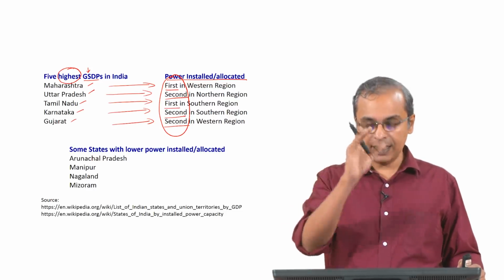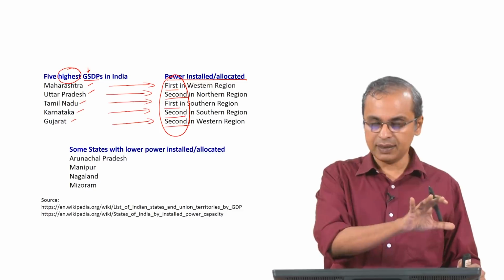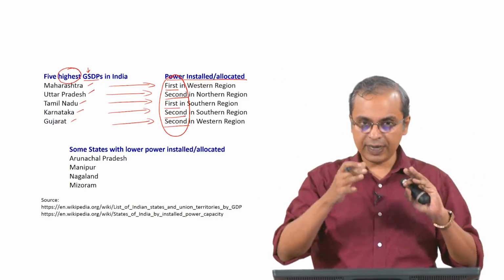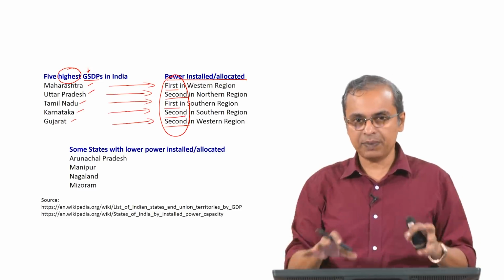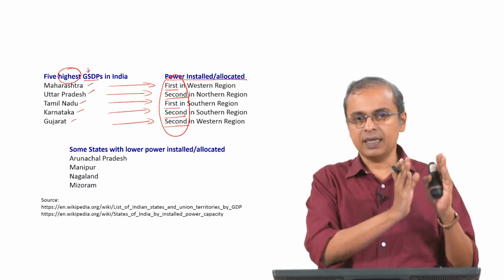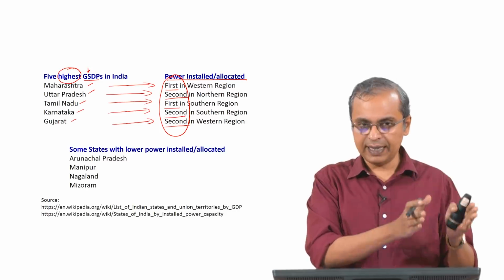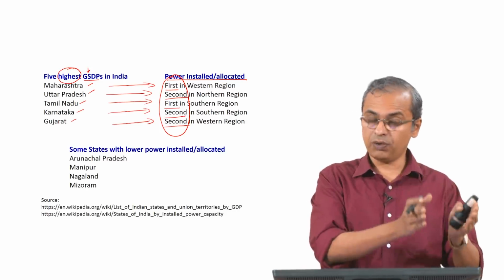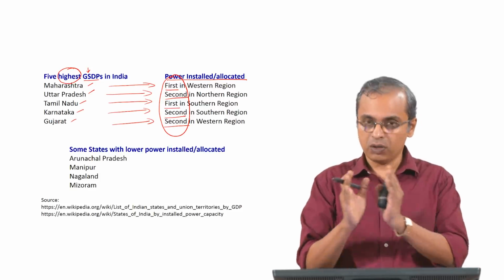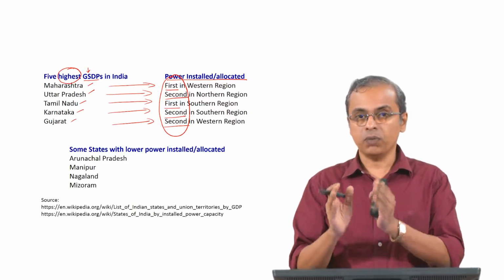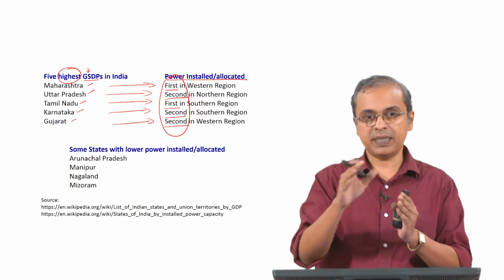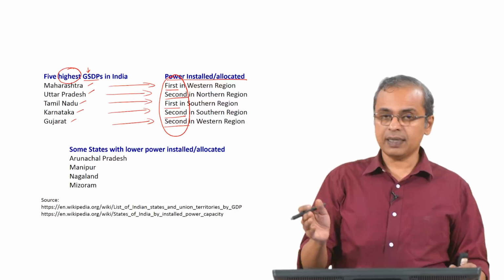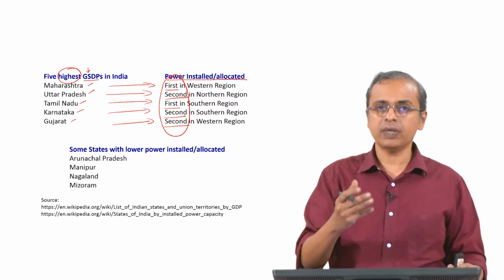If you saw the overall graph for India, and you get into the detail of how things are happening within India, you can clearly see that the states which have a higher contribution to GDP are also the ones that are consuming the most power in their respective regions.